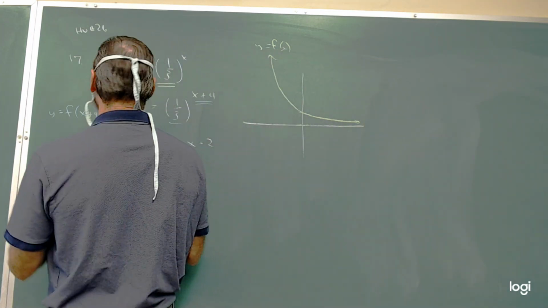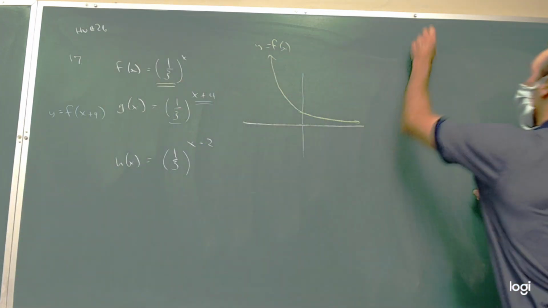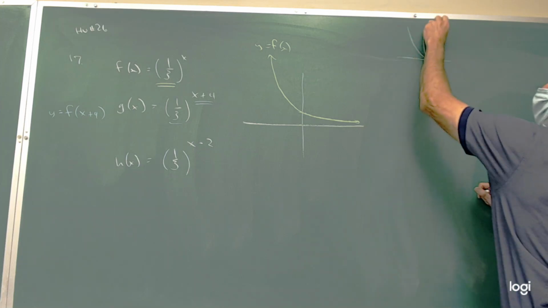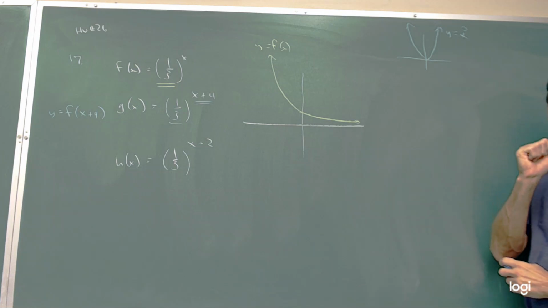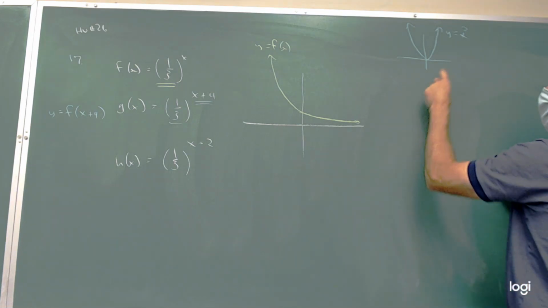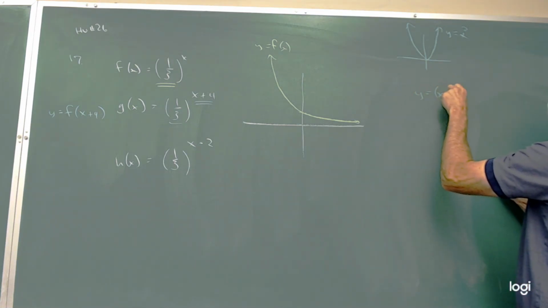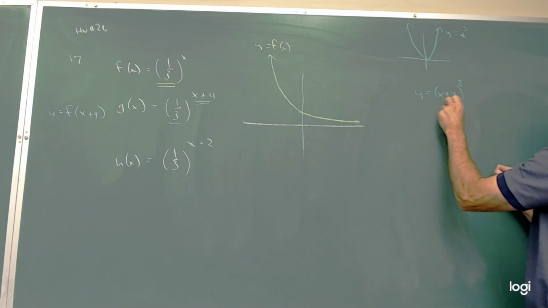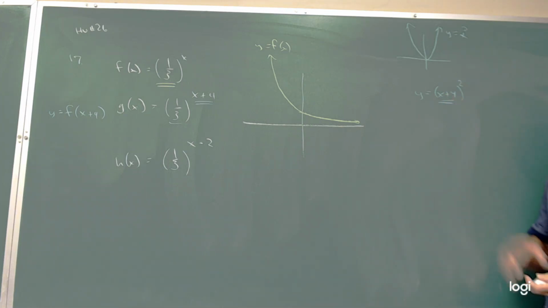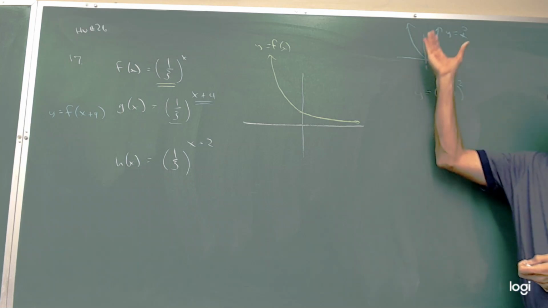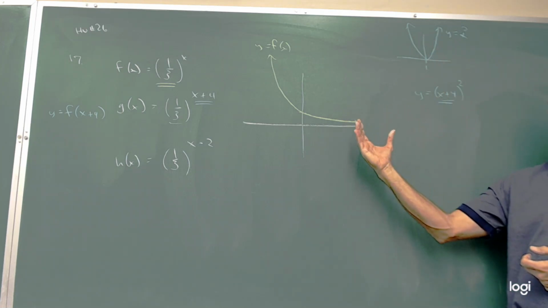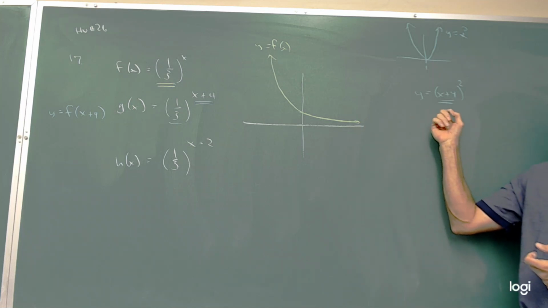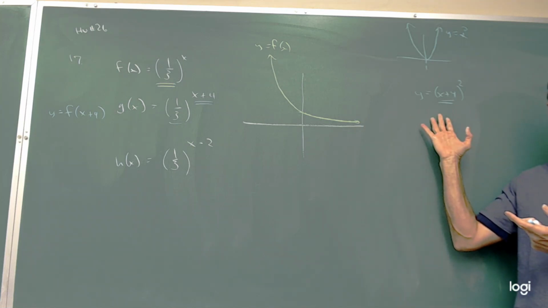Just as an aside, we're going to pick a function we're more familiar with, because I think y equals x squared we have a pretty good understanding of. If we did x plus 4 squared, what does that x plus 4 do to the vertex? Is it going to move it right, left, up, or down? Move left. Okay? So that's a rule that's universal for all graphs.